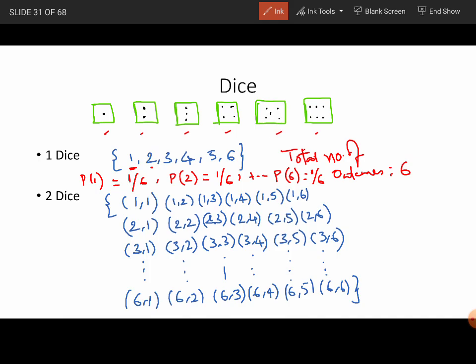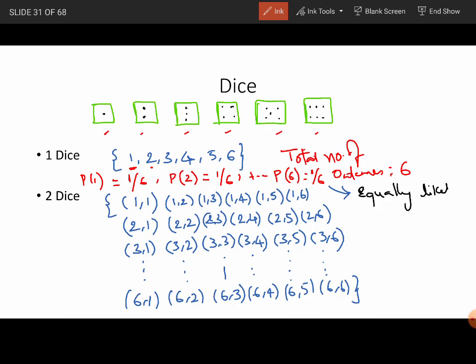Now if you see, P of 1 is equal to 1 by 6, P of 2 is 1 by 6, so on, P of 3, P of 4, P of 5 and P of 6 is equal to 1 by 6. So this is an example for equally likely events.